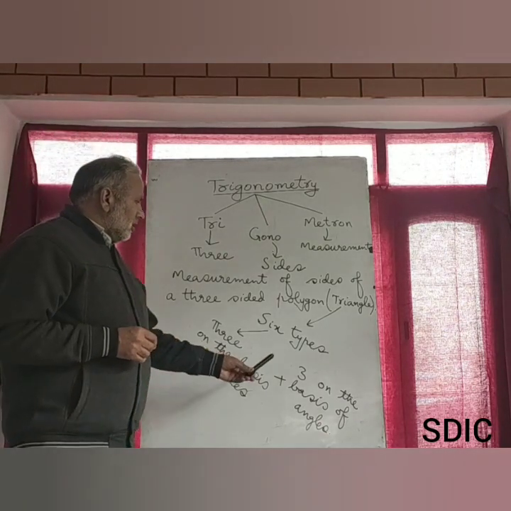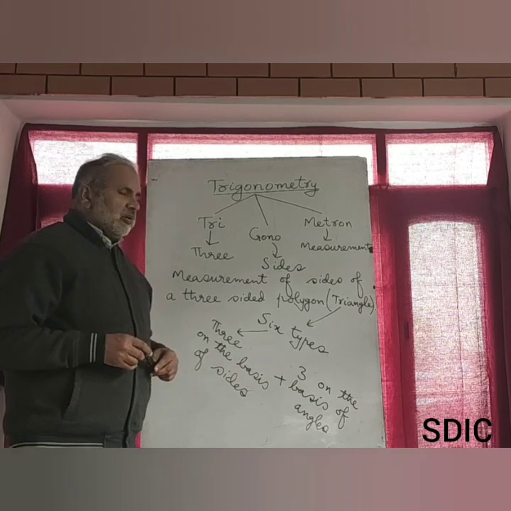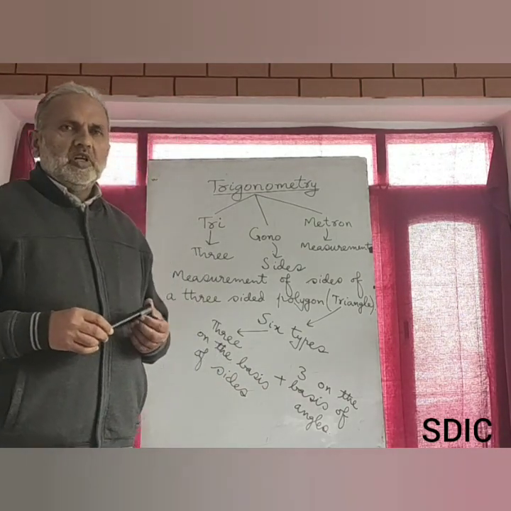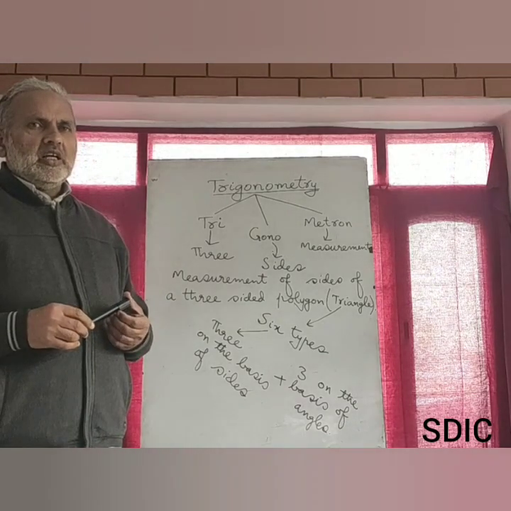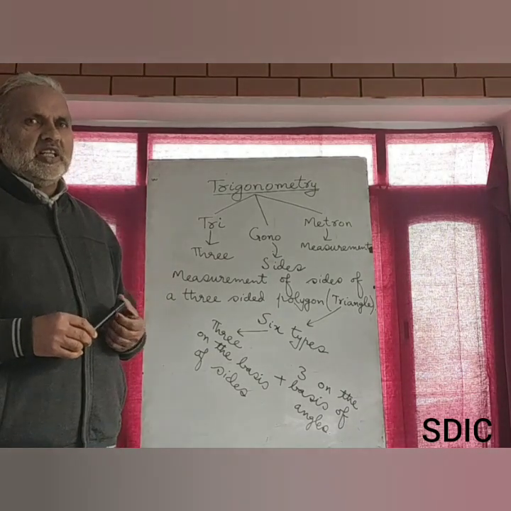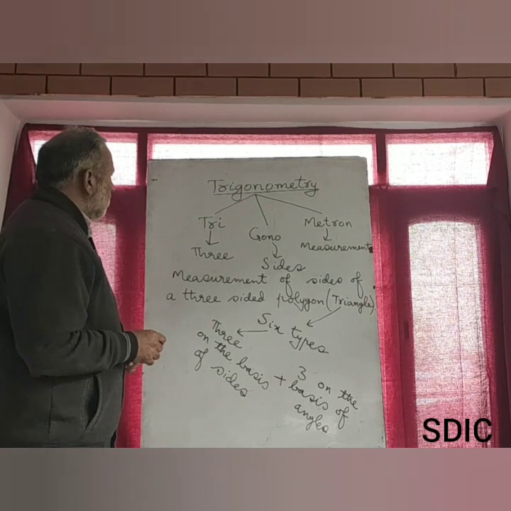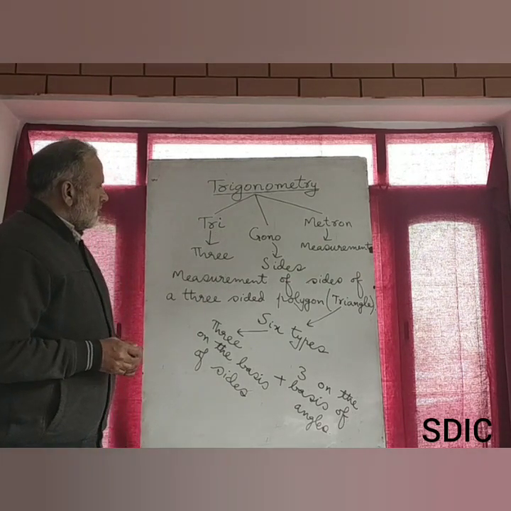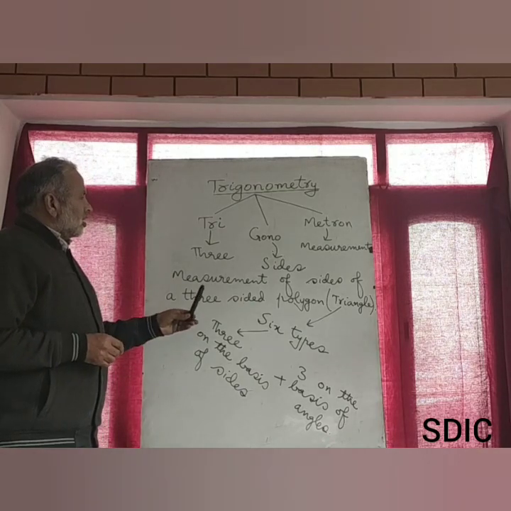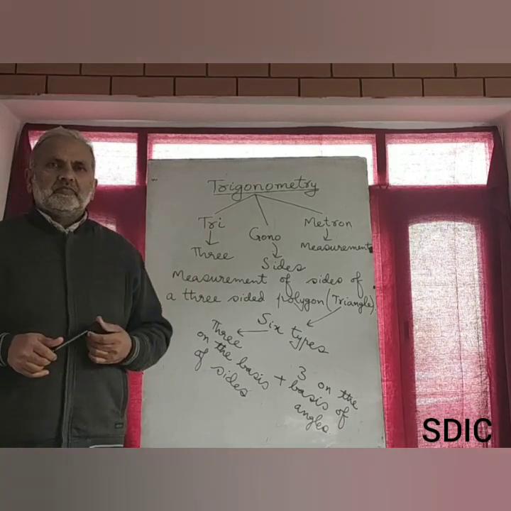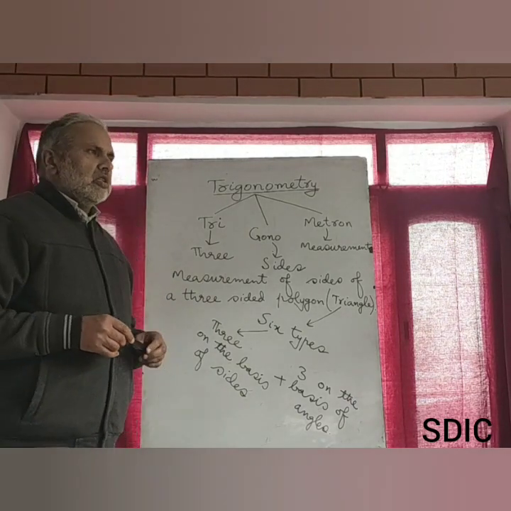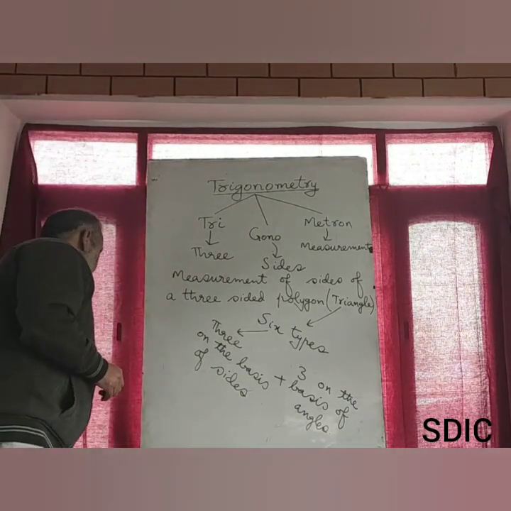Whereas the different triangles on the basis of angles are acute angled triangle, right angled triangle, and obtuse angled triangle. In this chapter, we will be particularly using the right triangle.